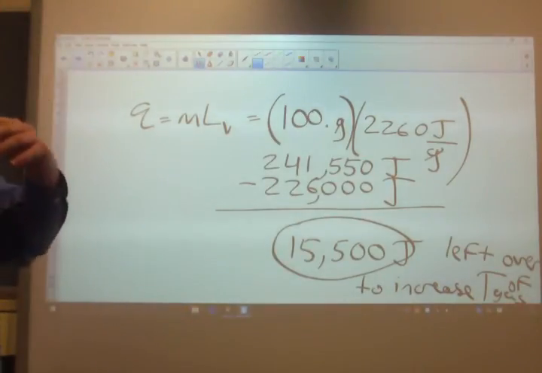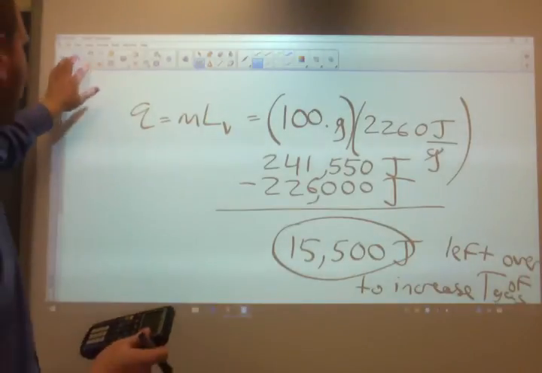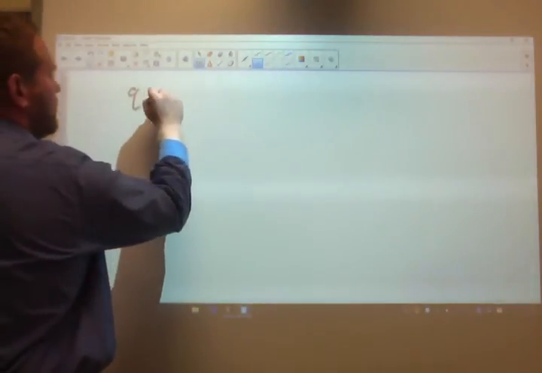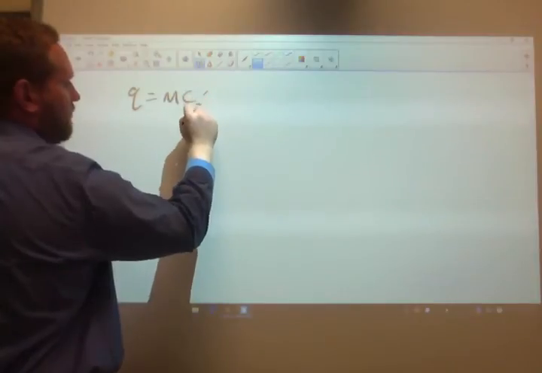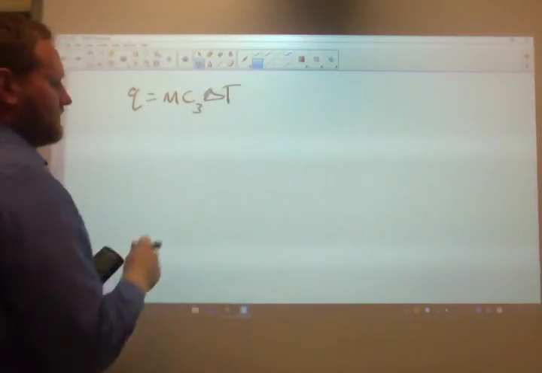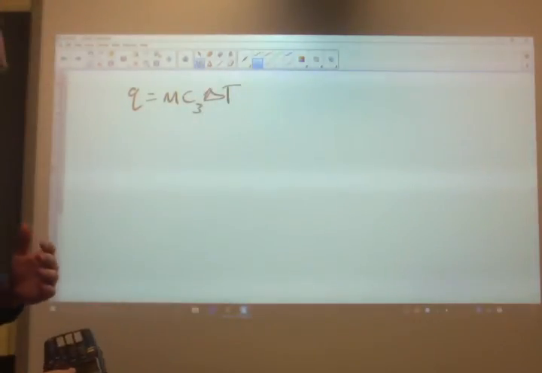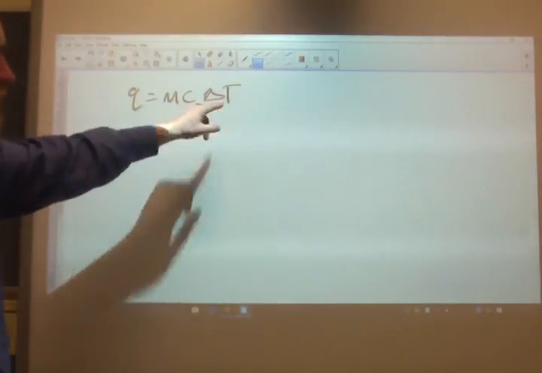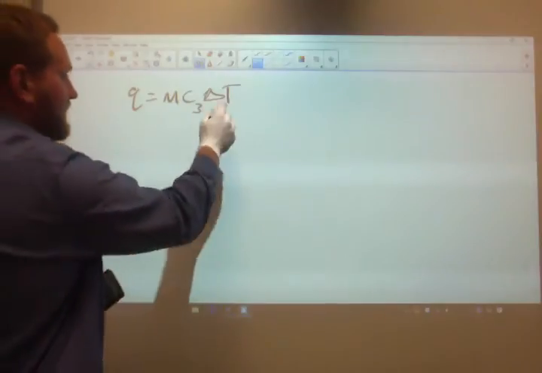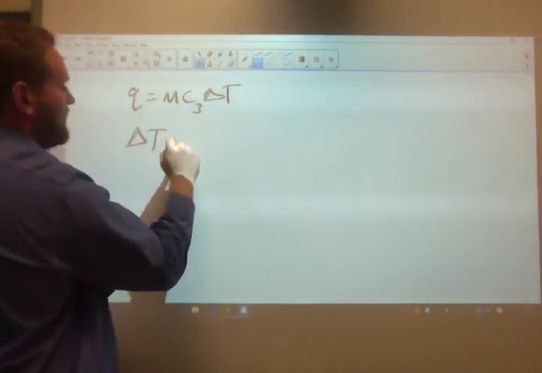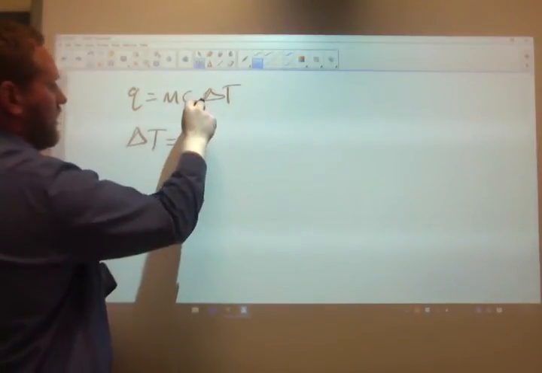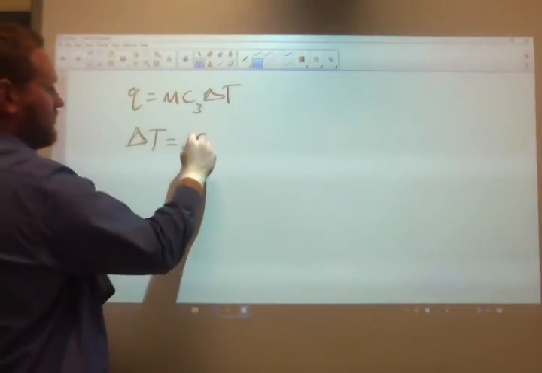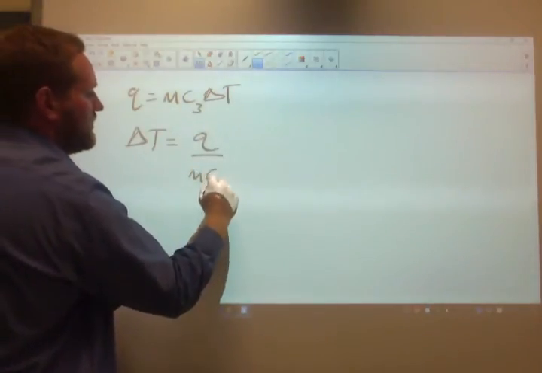So now I'm dealing in segment E. My formula for this, Q equals mc3 delta T. What are we solving for in this problem? Well, initially I said, what temperature is it going to reach? So I'm looking for delta T. Let's isolate delta T here. Delta T equals, so divide by this, Q over mc3.